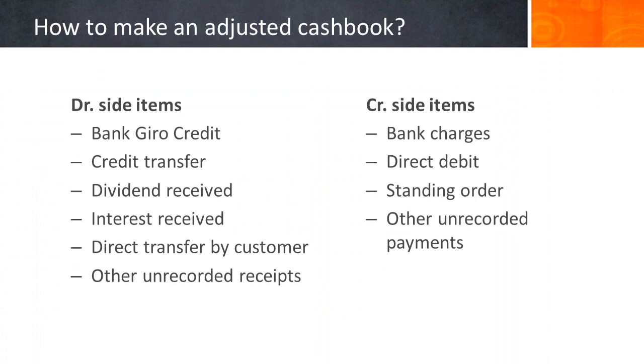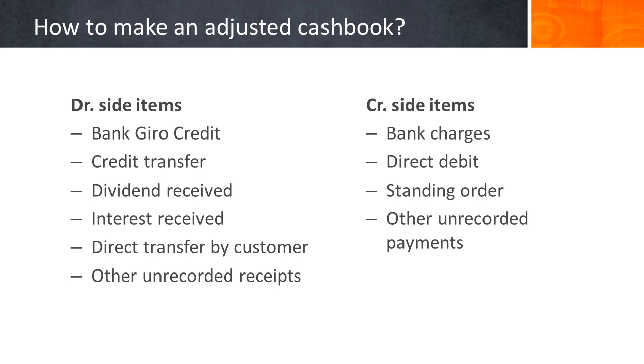Now, the items that are usually present in the adjusted cash book include bank charges paid by the bank. The business only comes to know about the bank charges at the end of the month when the bank statement is received.